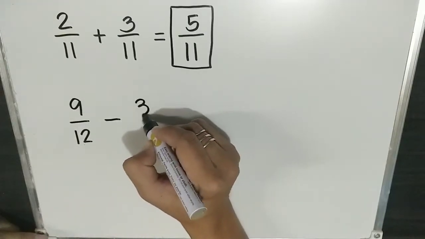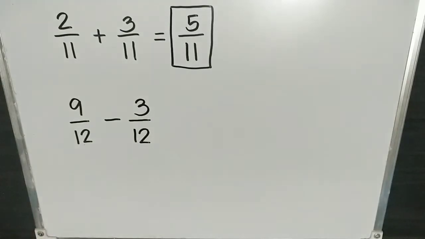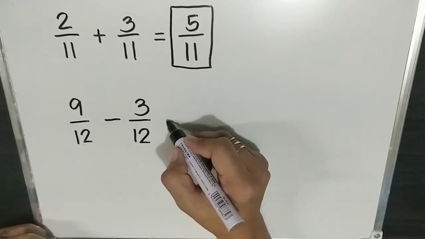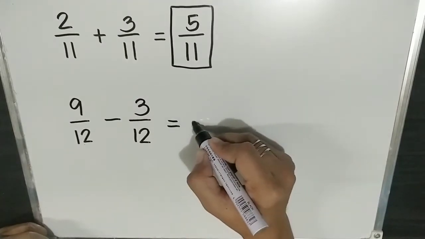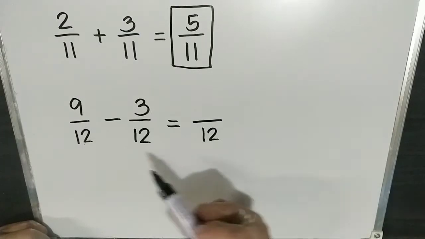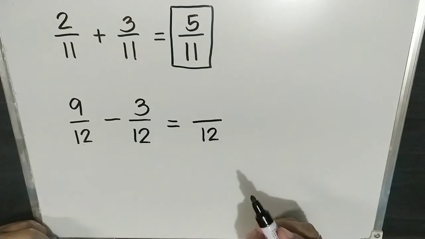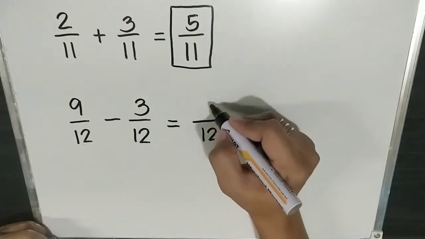minus 3 over 12. Okay, this time we have subtraction. The same process, adding or subtracting fractions with common denominators, we still have the same process, and that is copy the common denominator 12, then simply subtract the numerators 9 minus 3, so that is positive 6.